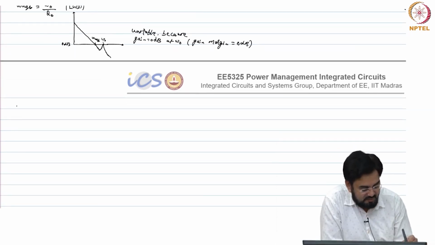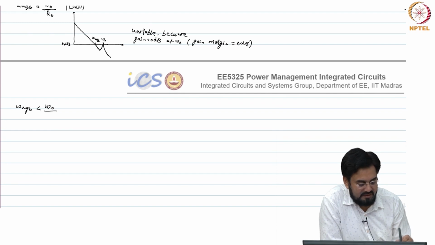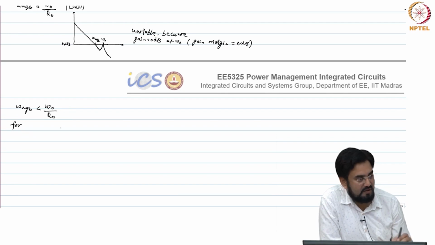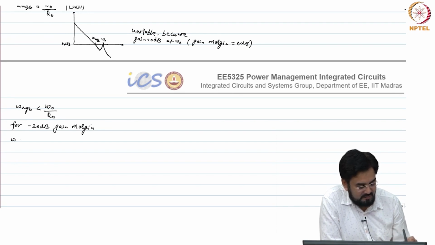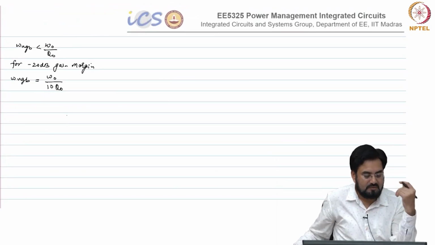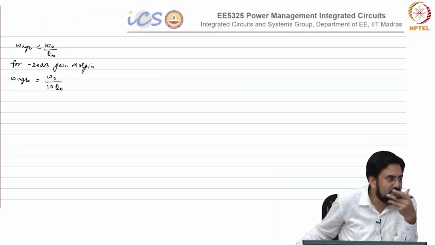which means the omega UGB we choose should be less than how much? Omega naught over Q naught, and for a minus 20 dB gain margin, omega UGB should be equal to omega naught over 10 times Q. So omega naught is known, Q naught is known.